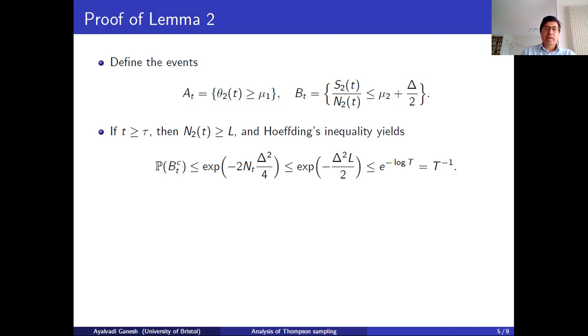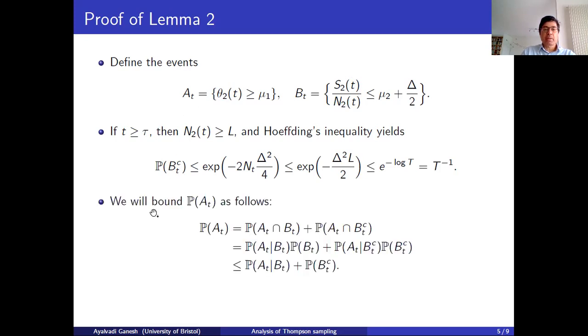Okay, so how does that help us? What we are interested in is the event AT, and we'll bound this as follows. AT is the union of the mutually exclusive events AT intersection BT and AT intersection BT complement.